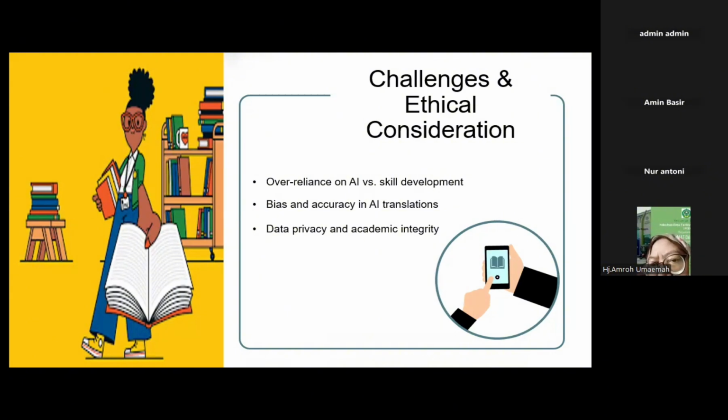And then next, bias and accuracy in AI translation. So bias here, AI may reinforce cultural stereotypes.